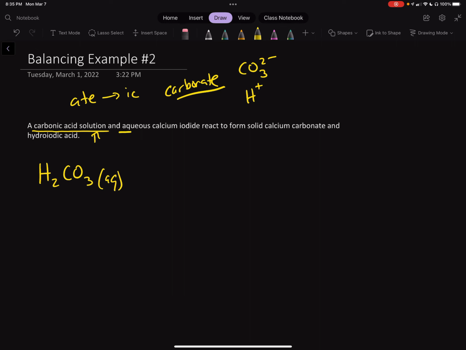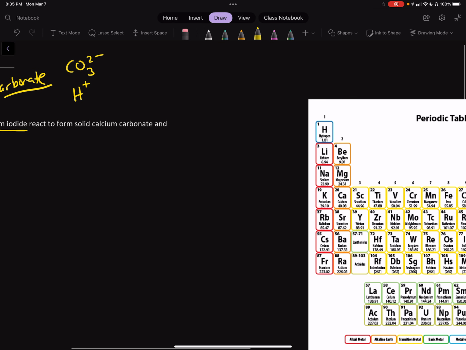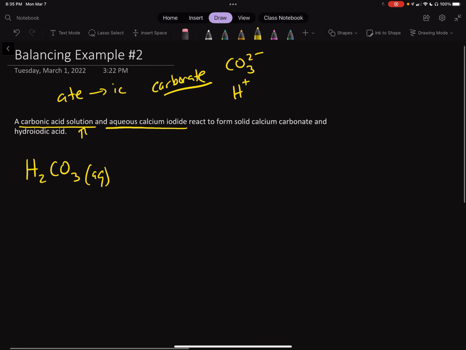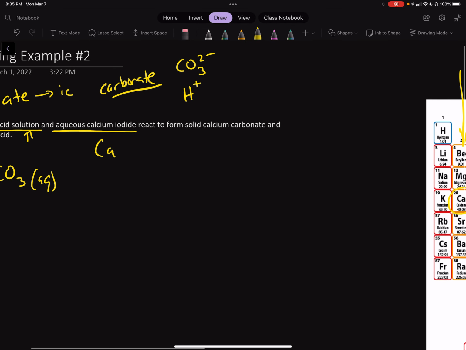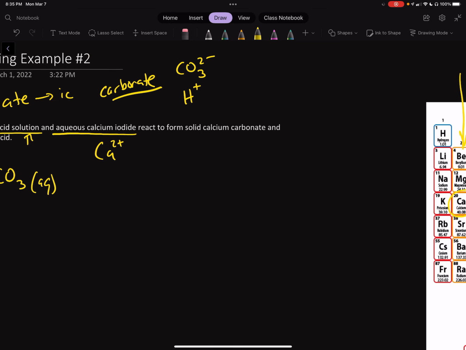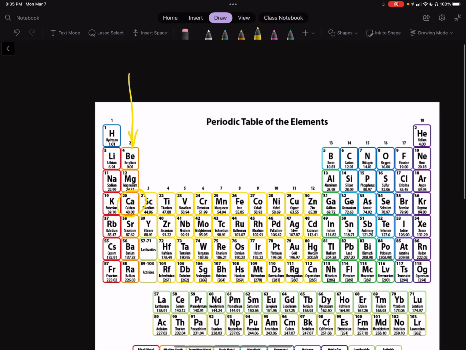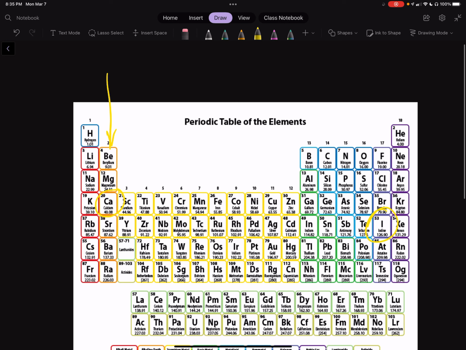Next up, it says an aqueous calcium iodide. So calcium, just looking over at our periodic table, calcium is right here. It's in the second column, and it's a metal. So metal meaning it's going to be positively charged. And since it's in the second column, it has 2 valence electrons, so it'll have a 2+ charge. And then iodide is referring to iodine, which is over here on our periodic table.